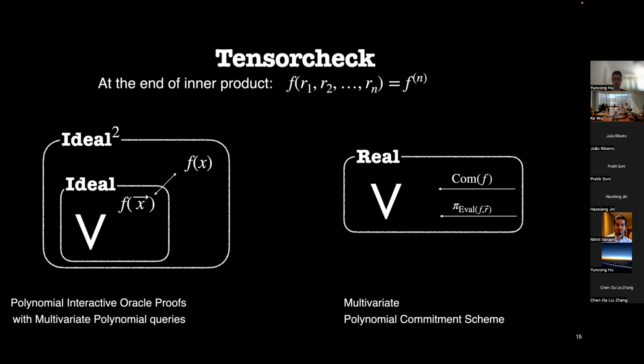We use a Tensorcheck to reduce this multivariate polynomial query into a univariate polynomial query, so that instead of using the multivariate polynomial commitment scheme, we can just use the univariate polynomial commitment scheme. For example, we can just use KZG or other univariate techniques here.